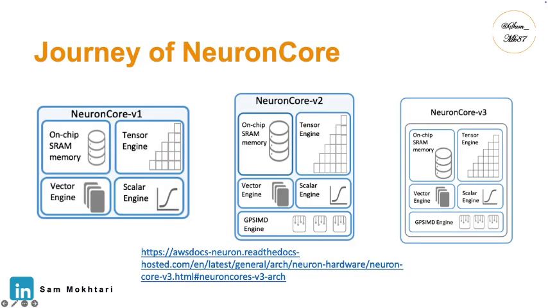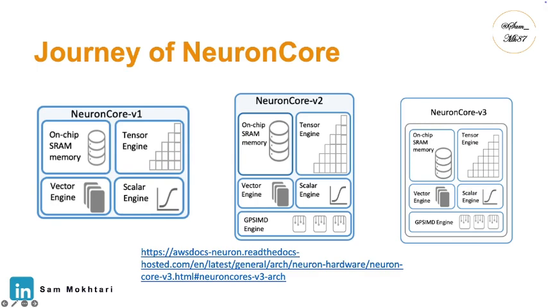To better understand both Trainium and Inferentia, the very first thing that we need to understand very well is the NeuronCore. The NeuronCore architecture has evolved across three generations, V1, V2, and V3, each designed to enhance the performance, flexibility, and efficiency of machine learning workloads. These NeuronCores are the processing units within both Trainium and Inferentia.